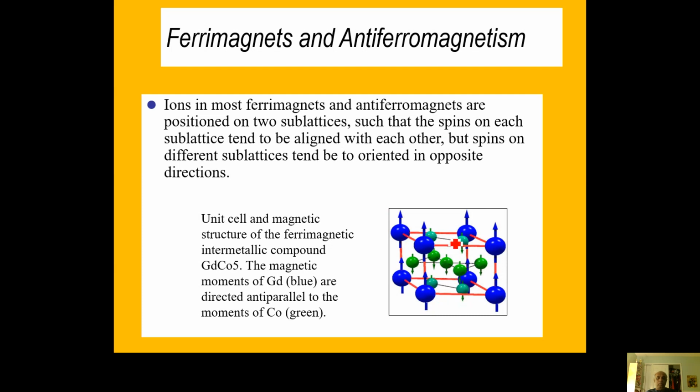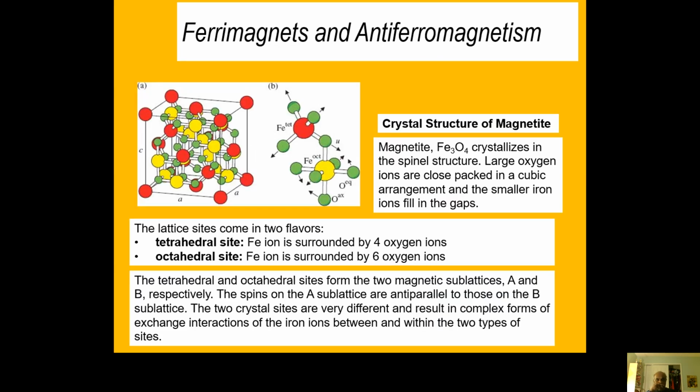Also, since they are two different materials, they have different magnitudes of spin strength, right? Gadolinium has a higher value. That's why they have ferrimagnetism.